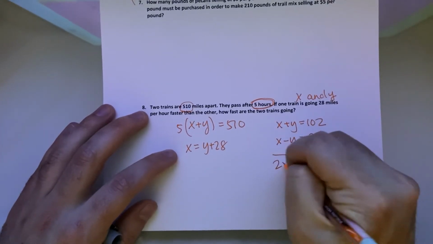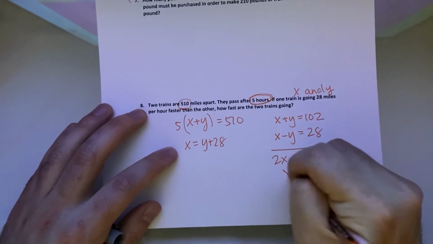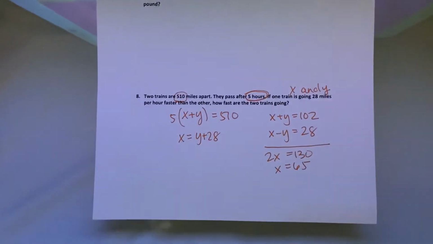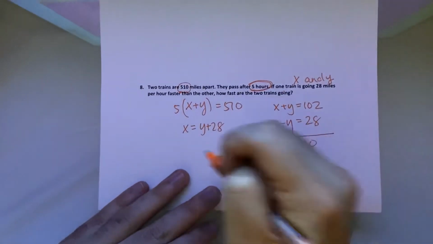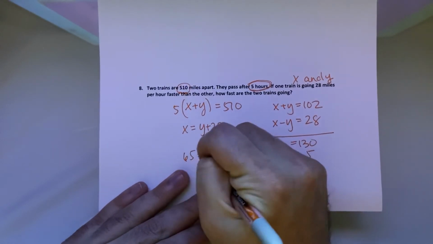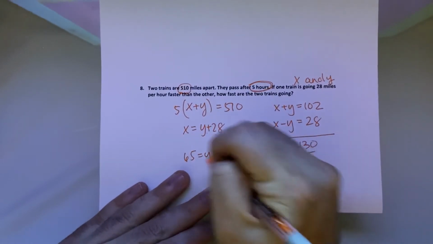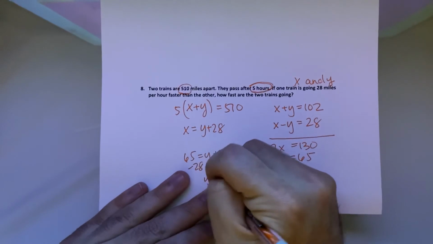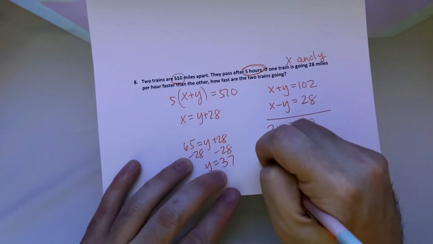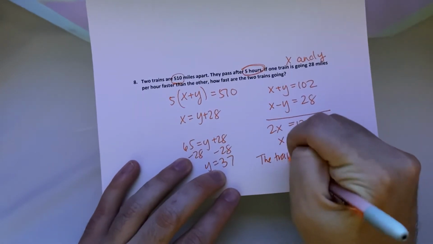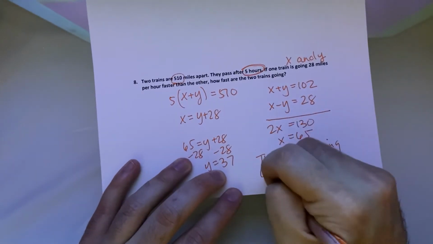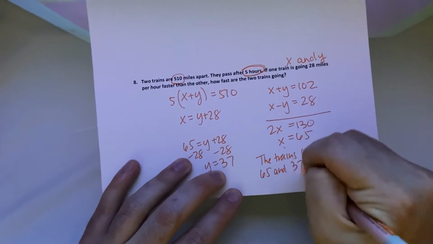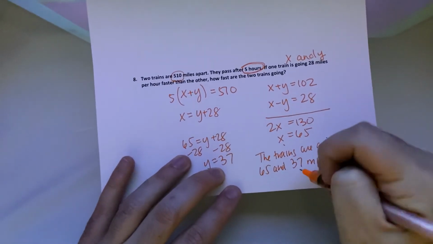When I add these together, I get 2x equals 130, so x is 65. So that means our faster train is going 65 miles an hour. That means our slower train is 65 minus 28, which is 37. So the trains are going 65 and 37 miles per hour, respectively.